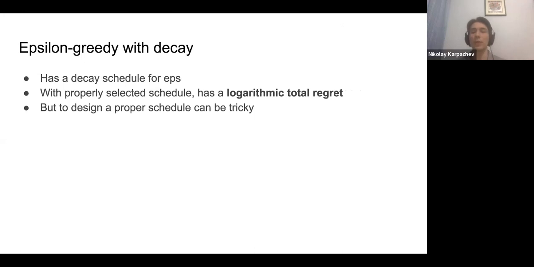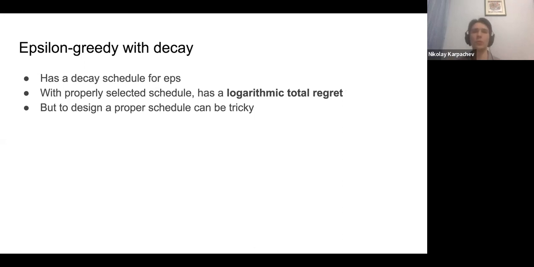So epsilon greedy with decay, it seems like a perfect solution. So first of all, we explore very intensively with the goal that we don't miss anything that we should know. But one major disadvantage is that we need to select the schedule for the epsilon decay.